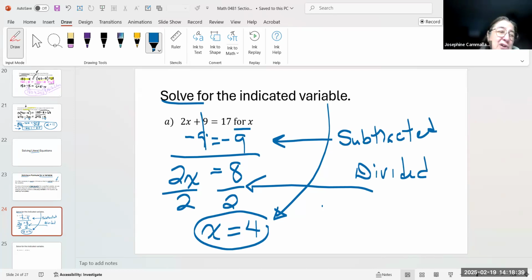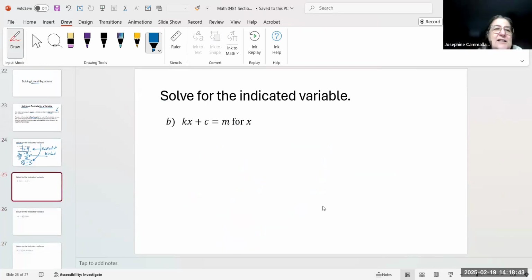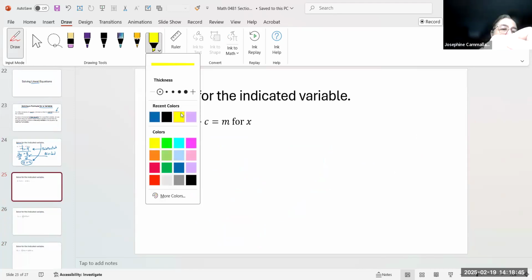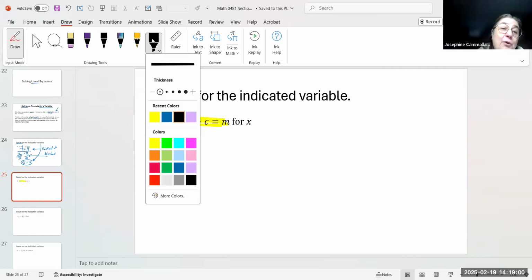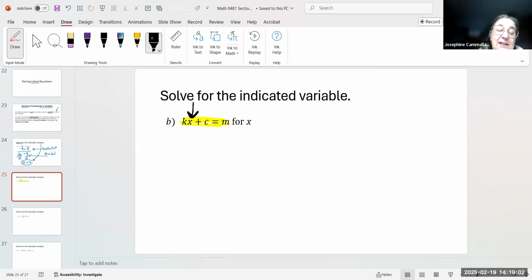Well, now notice how this is going to change. Okay, look right here. I don't have any numbers here, but it shouldn't surprise you. I want to solve for x.